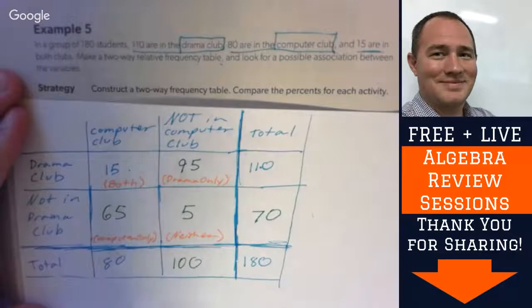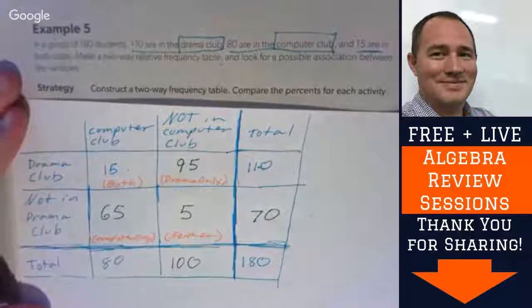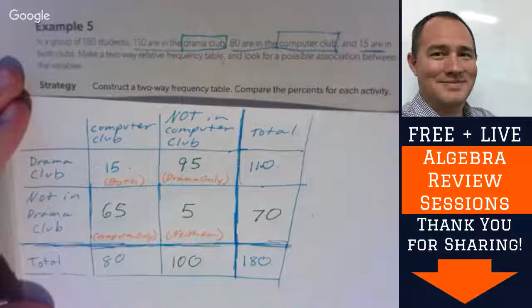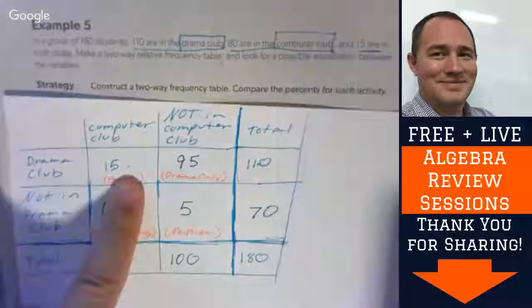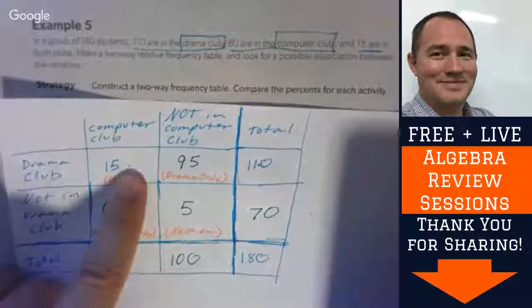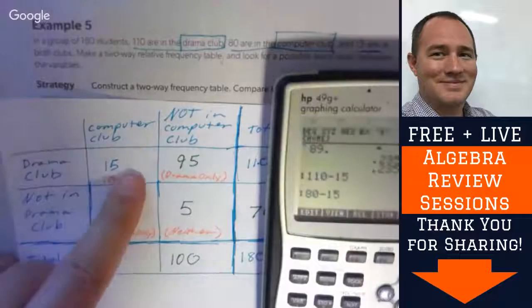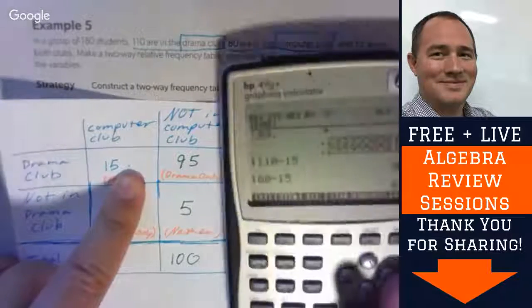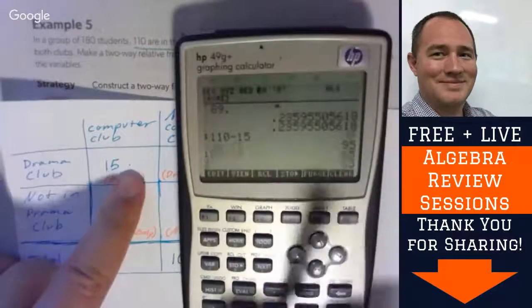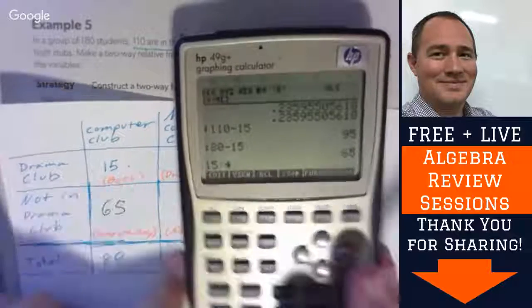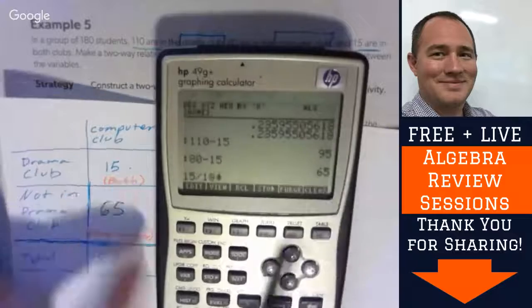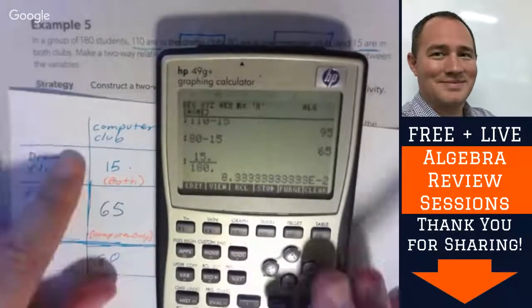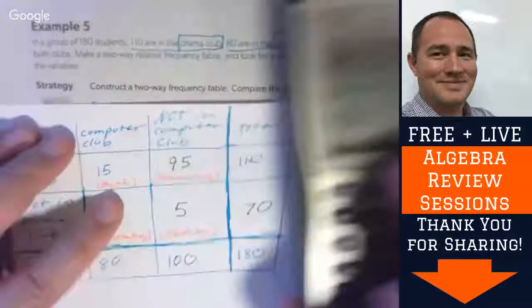But anytime you see relative frequency table, they're actually looking for a percent. So you could make a whole other table. What I'm going to do is I'm just going to put the percent in that cell. So 15 out of the total 180. And that gives us 8.3%.